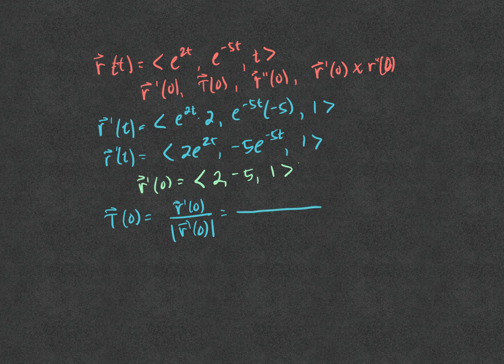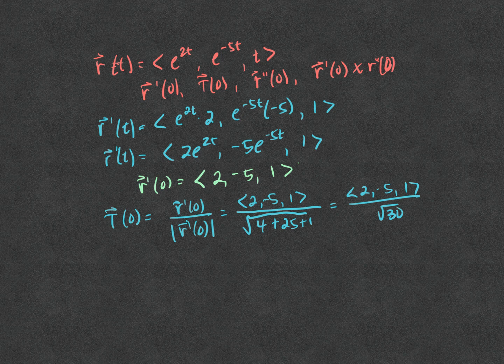So that means we have the vector 2, negative 5, 1. Watch me lose that negative. Be careful there. And on the bottom, we're going to do the square root of 4 plus 25 plus 1. So we have 2, negative 5, 1 over the square root of 30, which cannot be simplified.